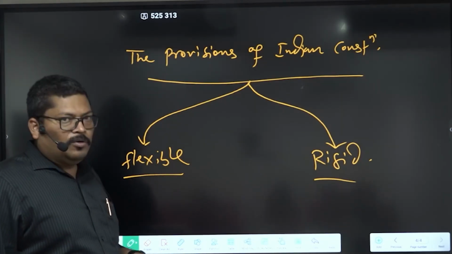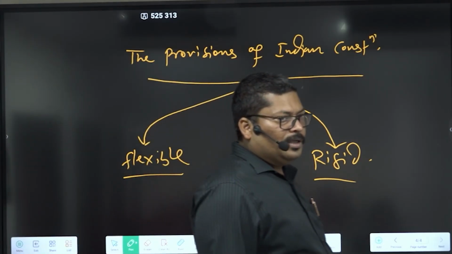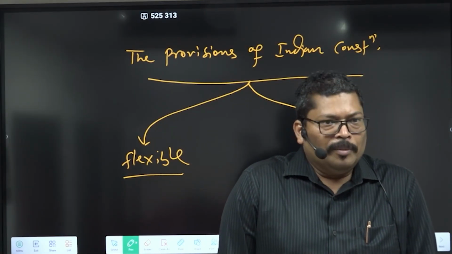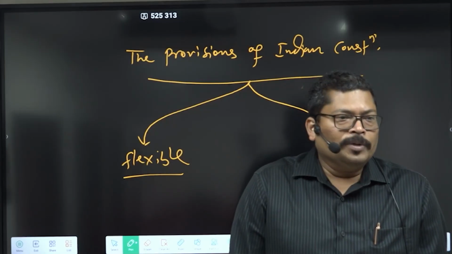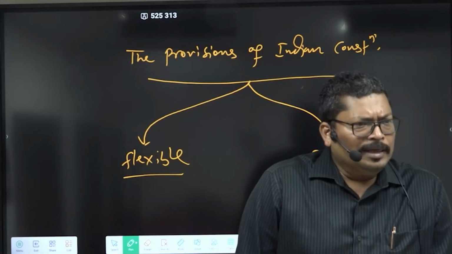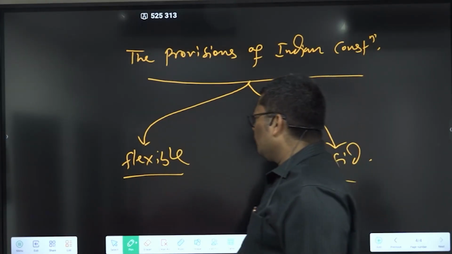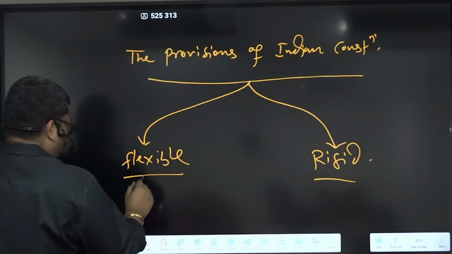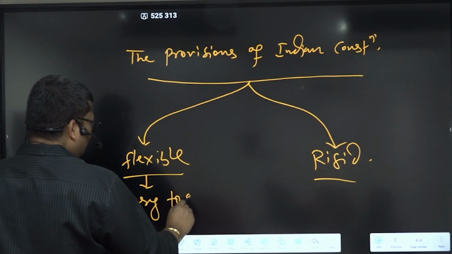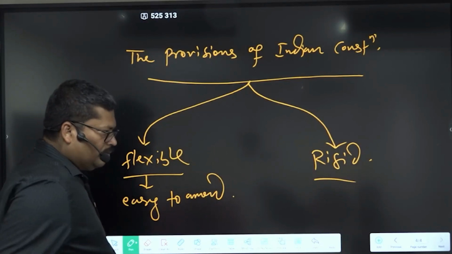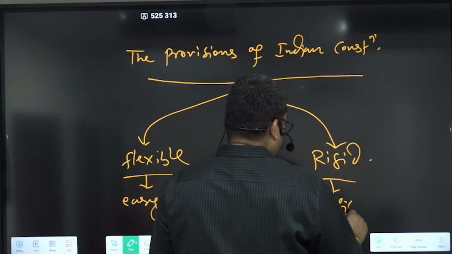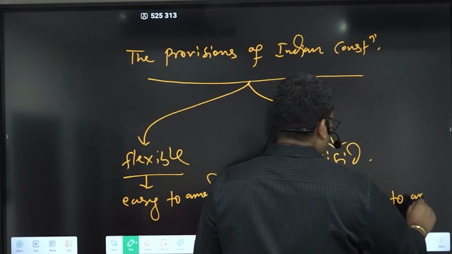We discussed that flexible provisions are those provisions which can be amended easily, while rigid provisions are those provisions which are amended but they cannot be amended easily. So flexible provisions are easy to amend, while rigid provisions are difficult to amend, right? Difficult to amend.